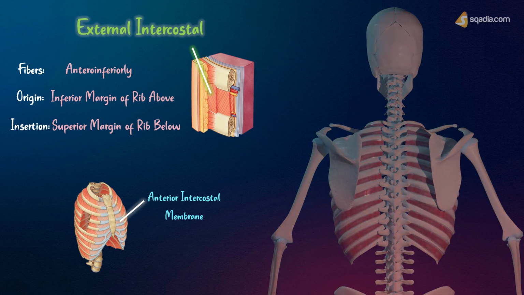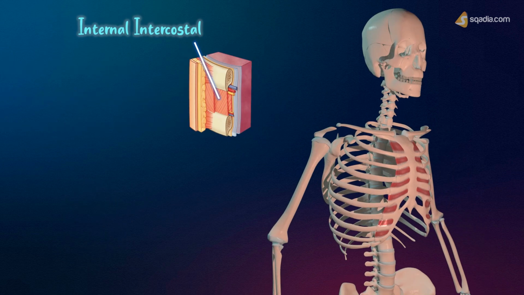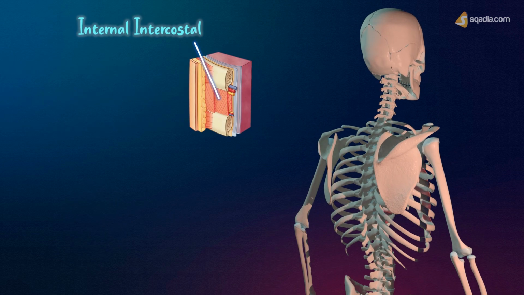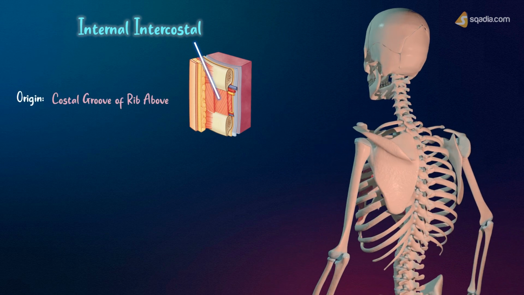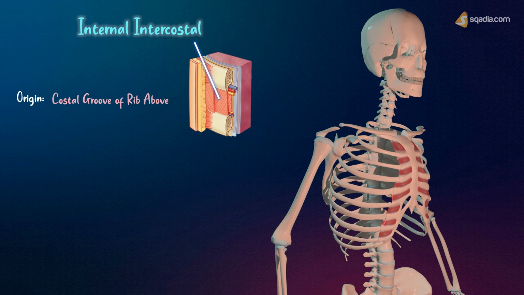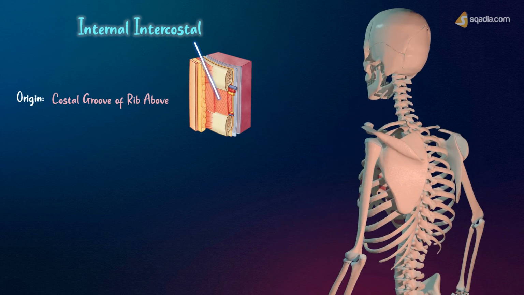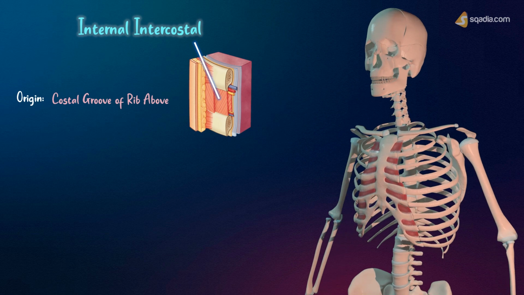Now, sandwiched between the external and innermost muscles are the internal intercostal muscles. They originate from the lateral edge of costal groove of rib above. In contrast to what we saw in external intercostal muscle, the fibers of internal intercostal muscles run posteroinferiorly.